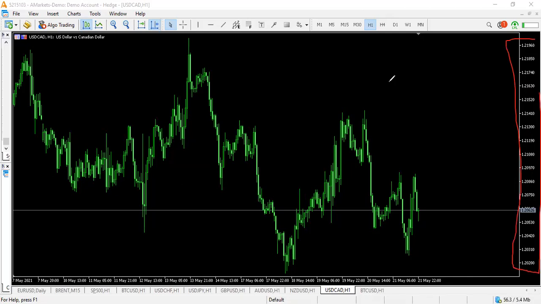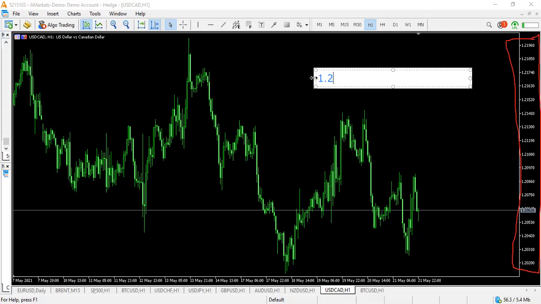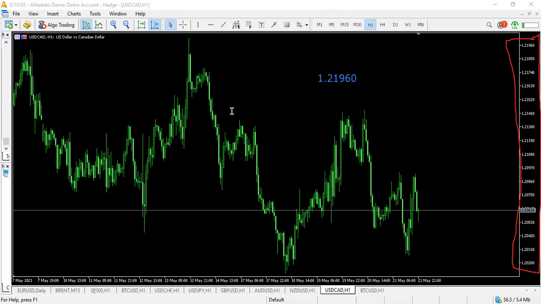What you observe is that you're seeing figures like 1.21960 and the likes. And then if you look towards this axis, which is the x-axis, you'll see that what you have there is actually time.